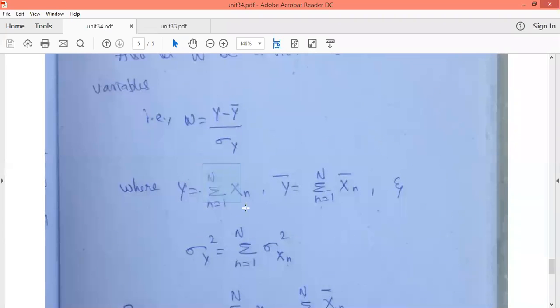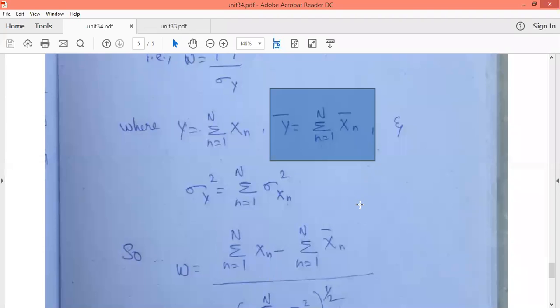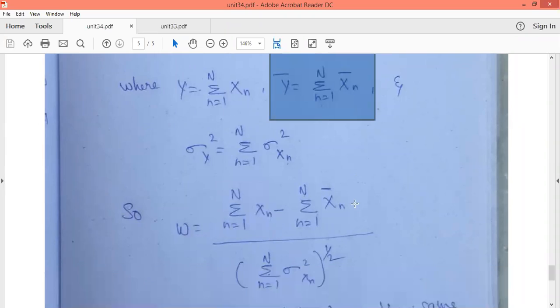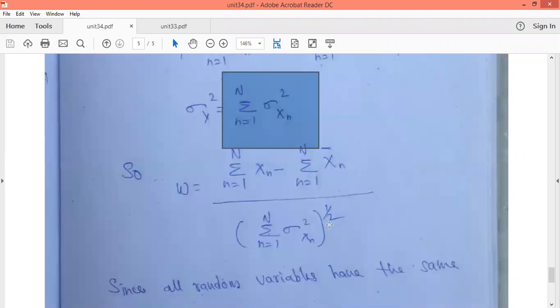Y is summation n is equal to 1 to n xn. Y bar is summation n is equal to 1 to n xn bar, and sigma y is the square root of summation n is equal to 1 to n sigma xn square. So the same thing we have substituted here.